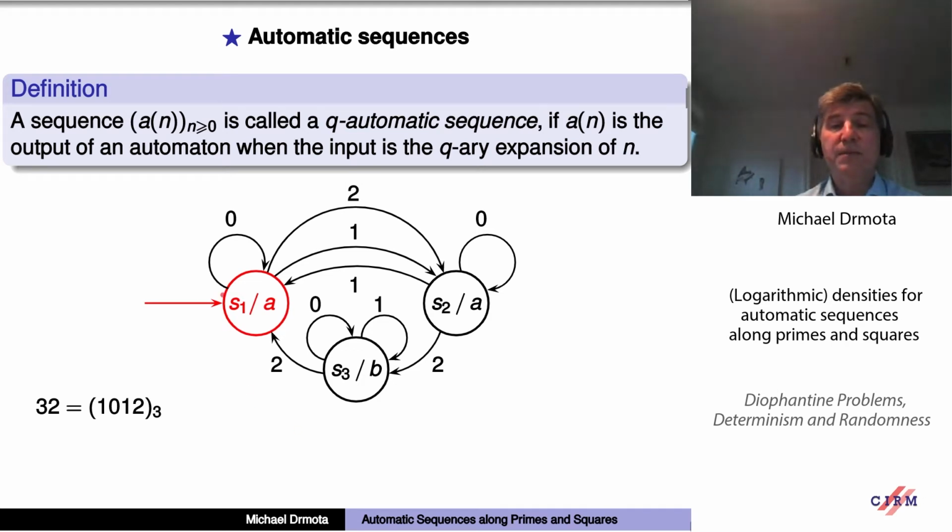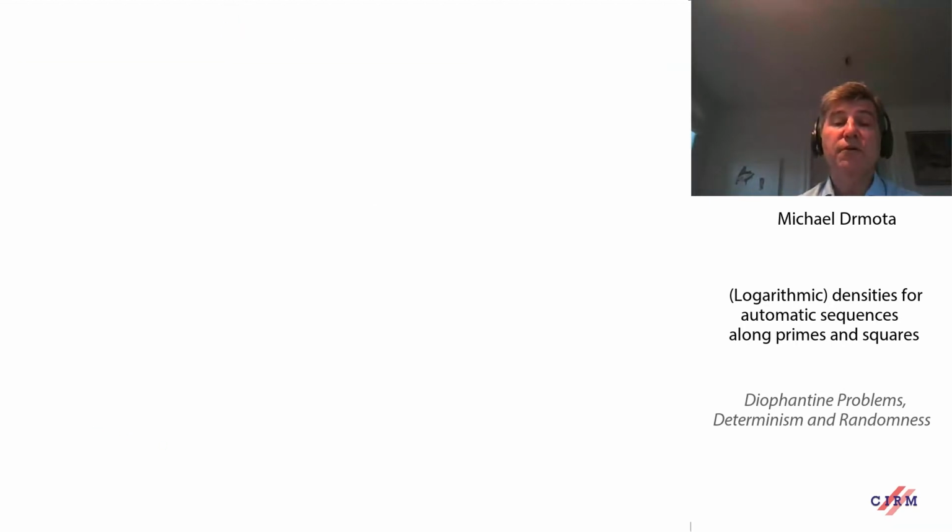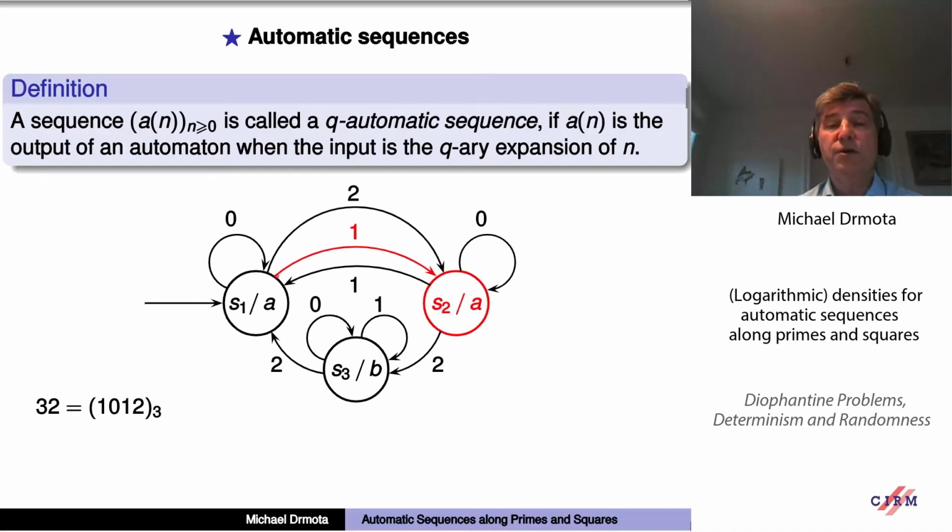So here we have some initial state where we start. And now we just read the digits here of, for example, 32. The first digit is 1. So we move according to this transition 1 to the state 2. Then the next digit is 0.